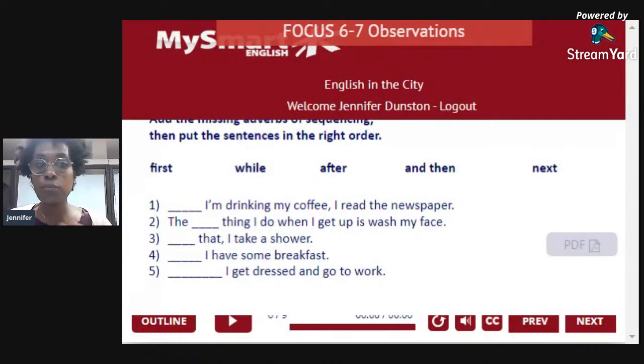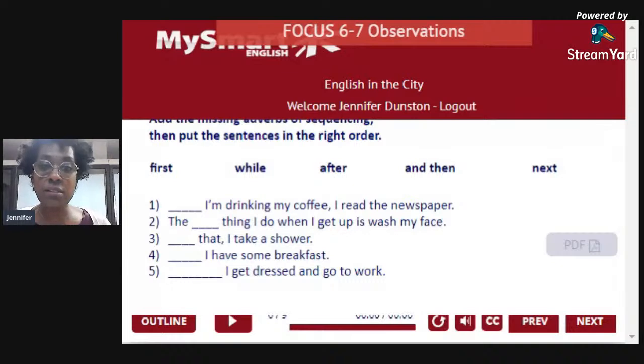We have our adverbs of sequencing on the top, and we have our 5 sentences underneath. When you're ready, when you know what word goes in each blank, just type it in and put it in our conversation box, okay? We have our 5 adverbs of sequencing. First, while, after, and then, next.